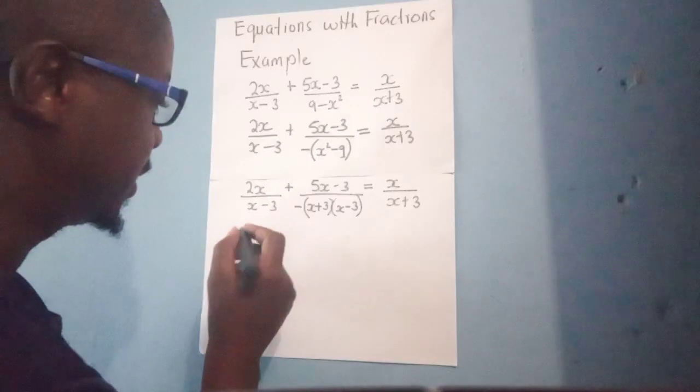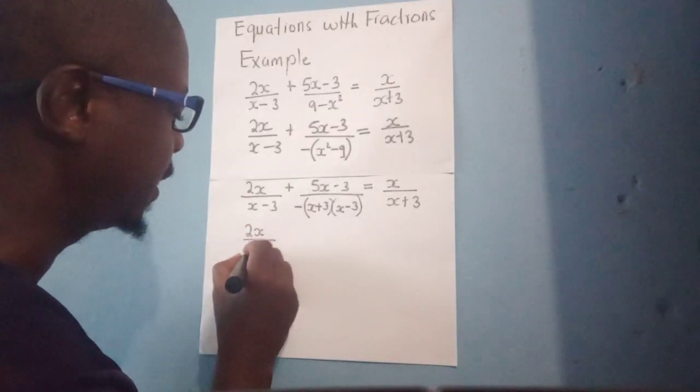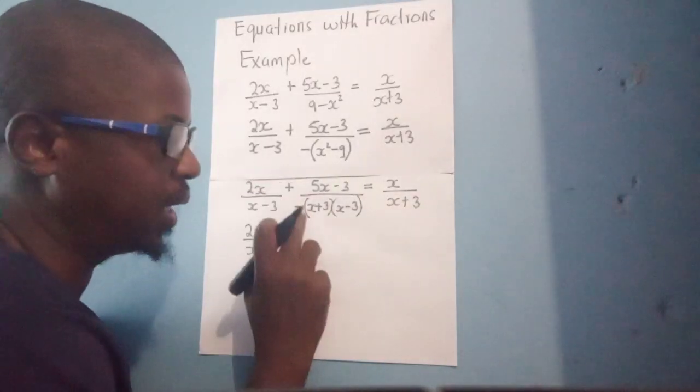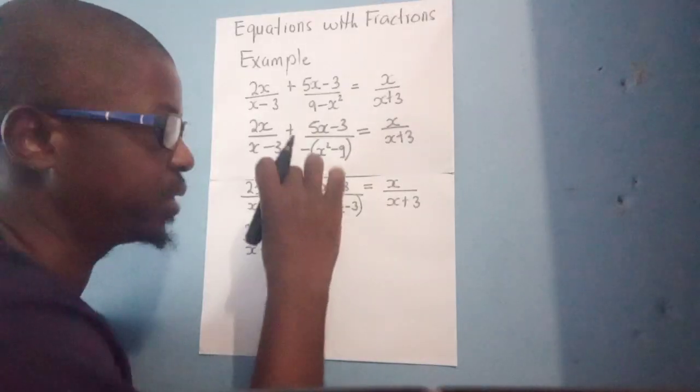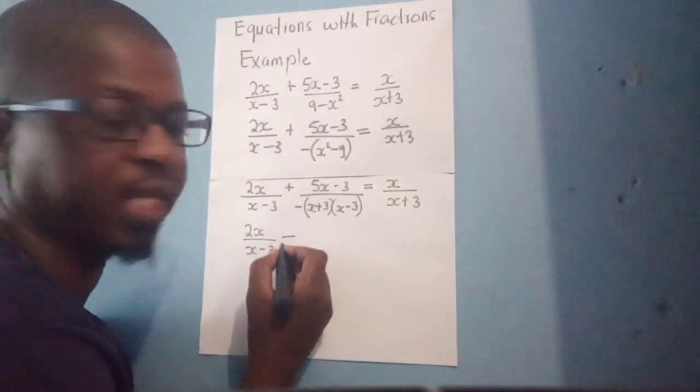Our next step is 2x over x minus 3. Since I've got a plus and a negative, I'll just have to consider the negative because it affects the positive sign here and changes it to a negative.